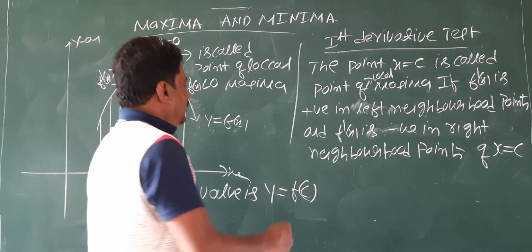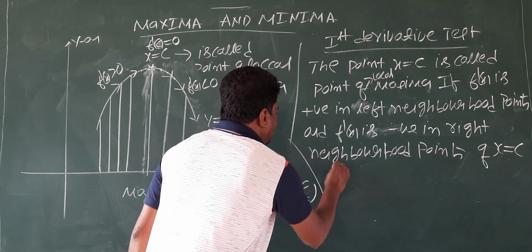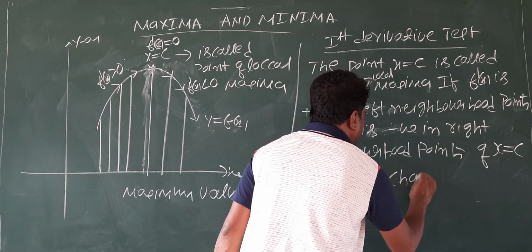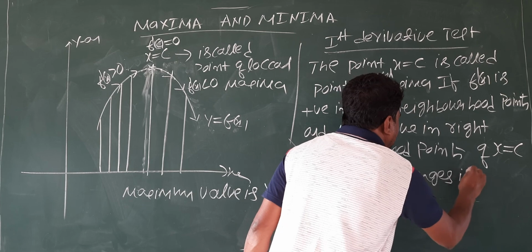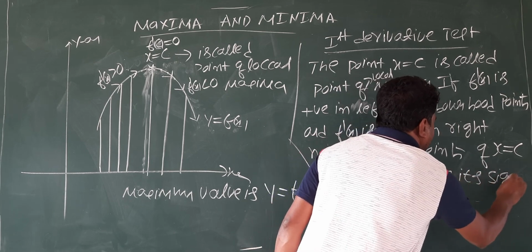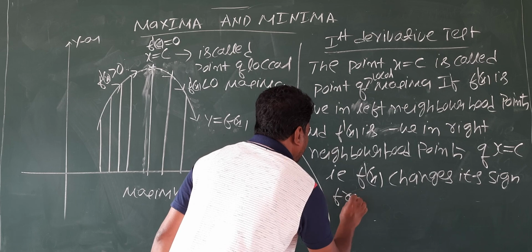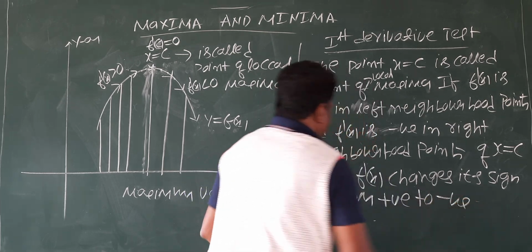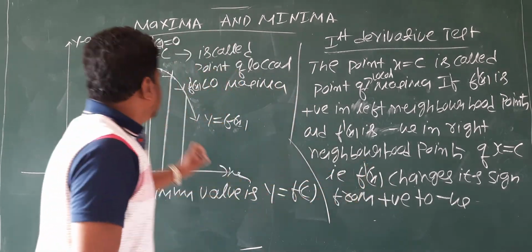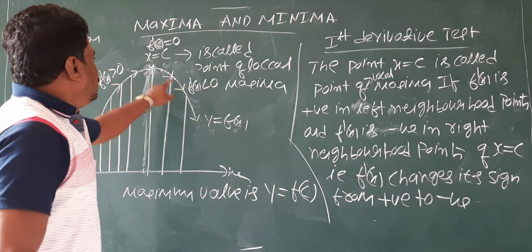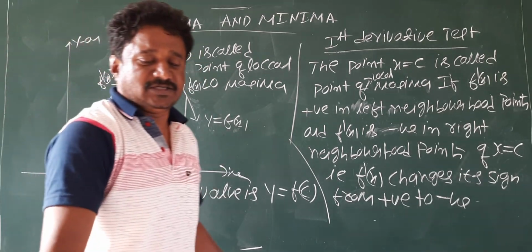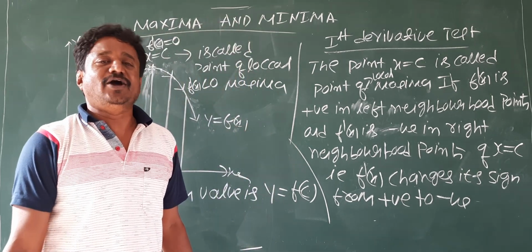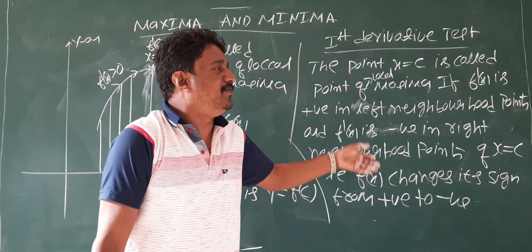That is, f dash x changes its sign from positive to negative. So in one word, if f dash x changes its sign from positive to negative, then that point x is equal to c is called a local maximum point. Point of local maximum.